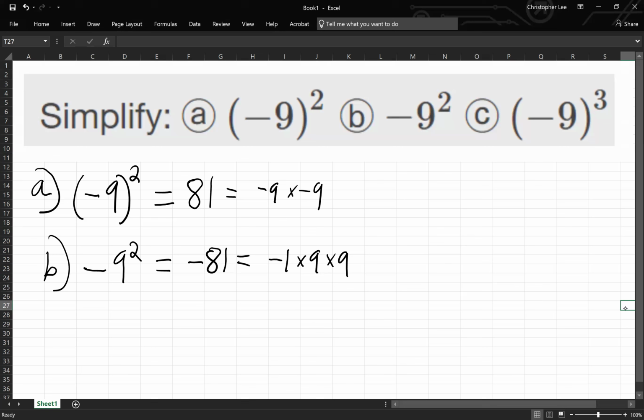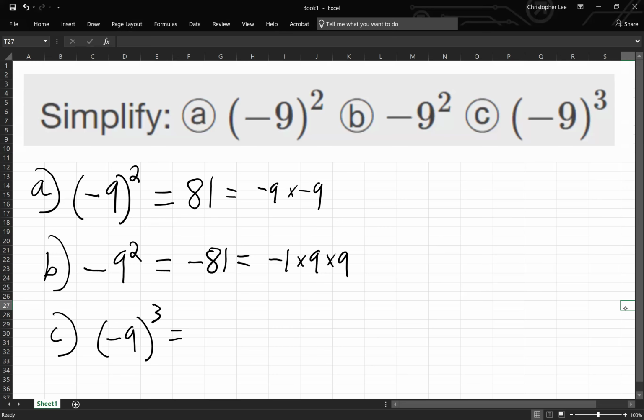All right, how about C? What's the answer to that? 27?